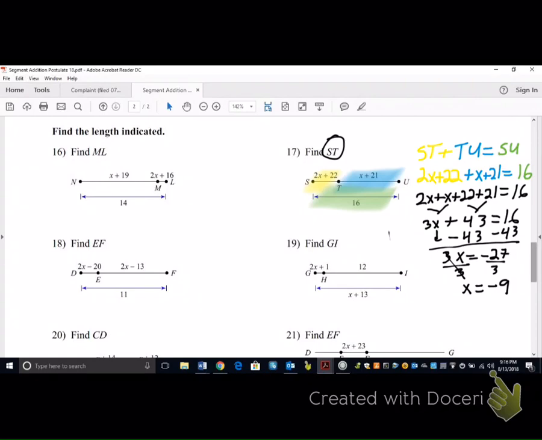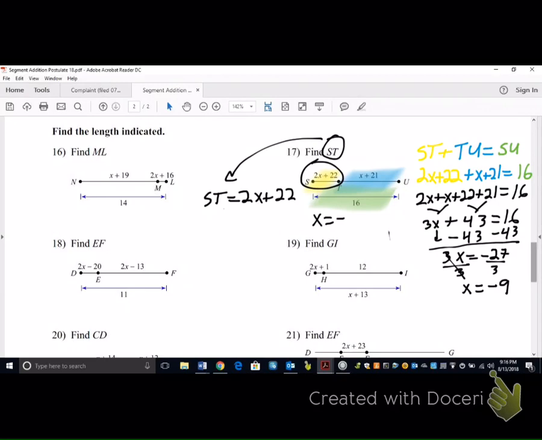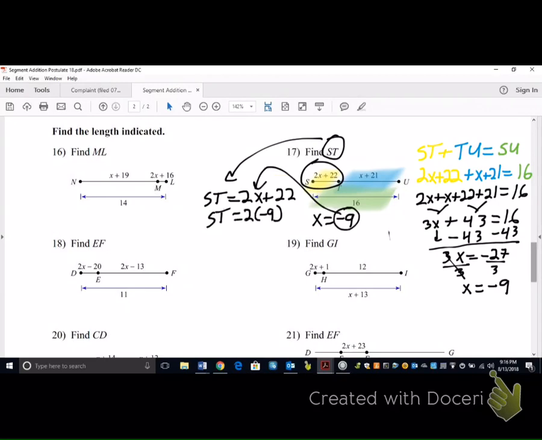I'm looking for ST here. Now remember, ST without that line means the distance from S to T. So I'm going to take that 2x plus 22 and substitute in x equals negative 9. So I'm going to go 2 times negative 9 plus 22. That gives me negative 18 plus 22, or ST, meaning the distance from S to T, equals 4.